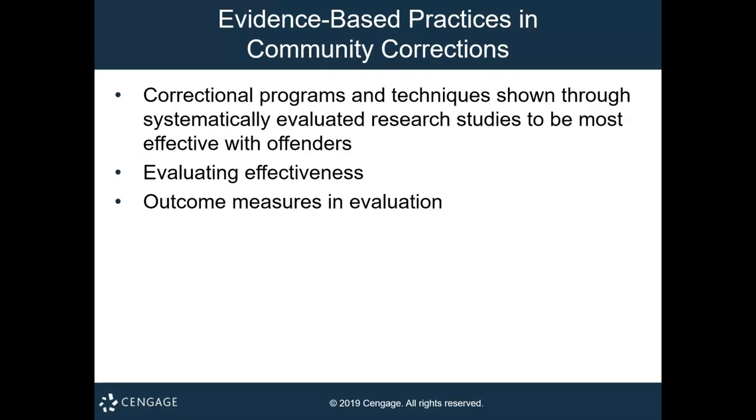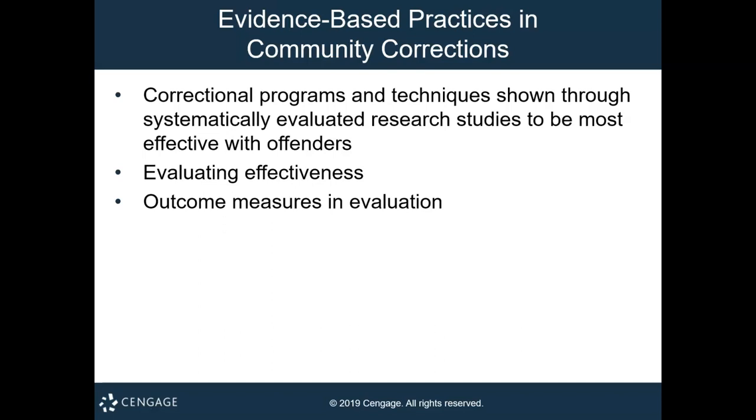So let's say I have a probationer on my caseload, and they're still in the program, and they get arrested for a new law violation. Or they complete probation, they get off probation, and then they get arrested a month later. Those are recidivism rates. That means that they are recidivists, meaning they have not been successful.